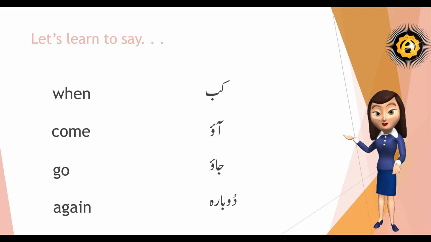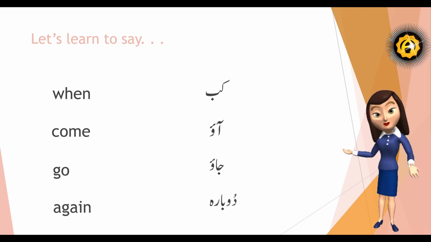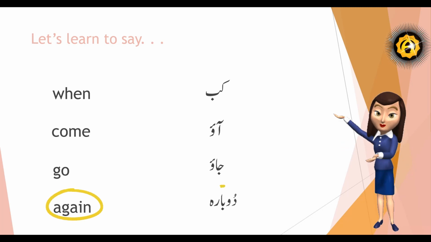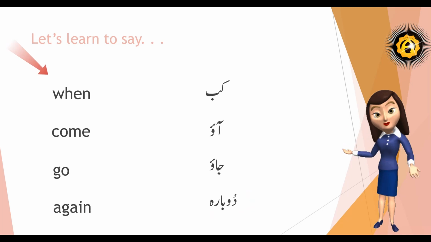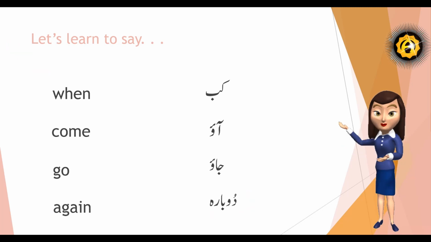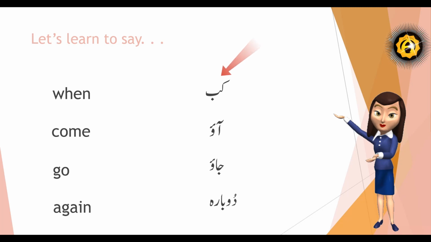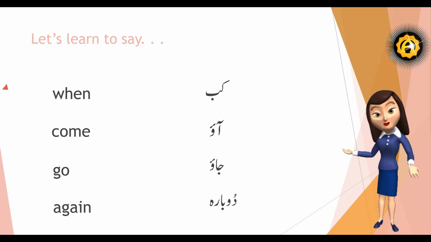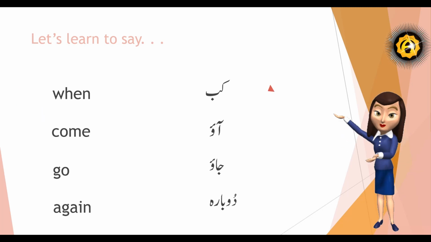Now let's repeat all of these words again. Again is दोबारा, right? Okay, so in English we say when, and in Urdu कब. Then in English we say come, and in Urdu आओ.